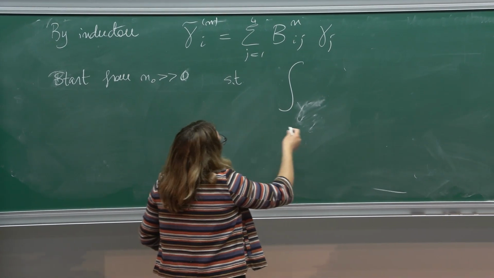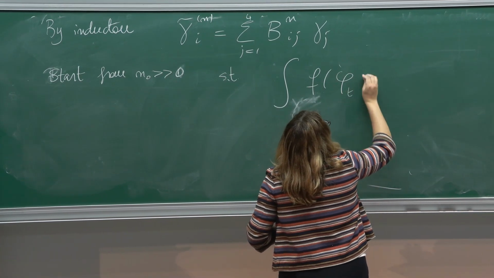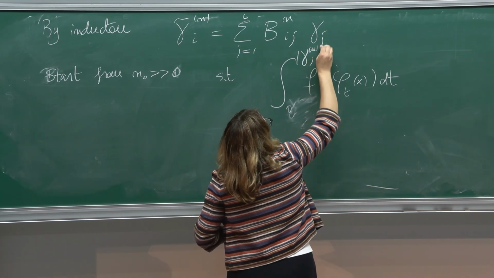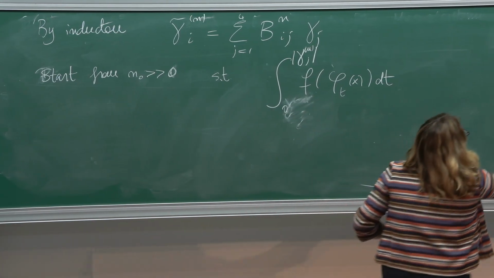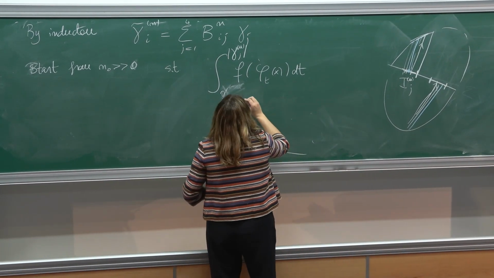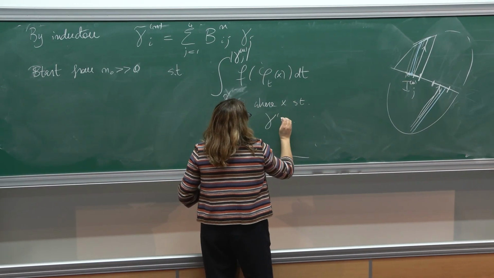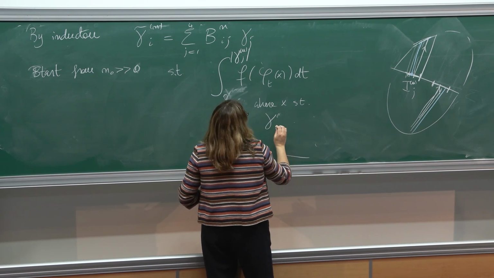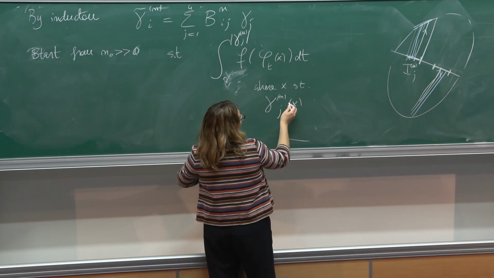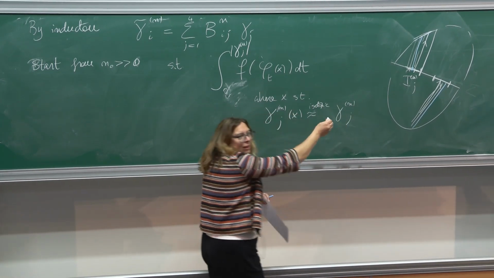So start from n0 such that if I integrate my function along a trajectory of a point x from 0 to the length of gamma n j, where x is such that the trajectory of this length is basically isotopic to gamma n j.